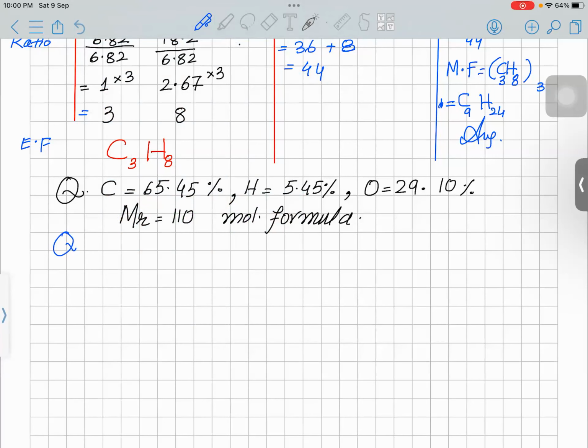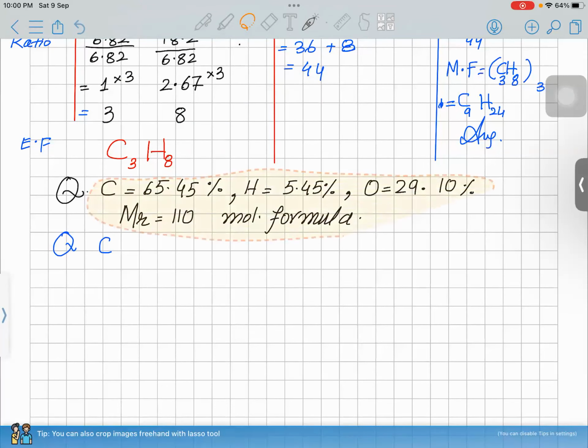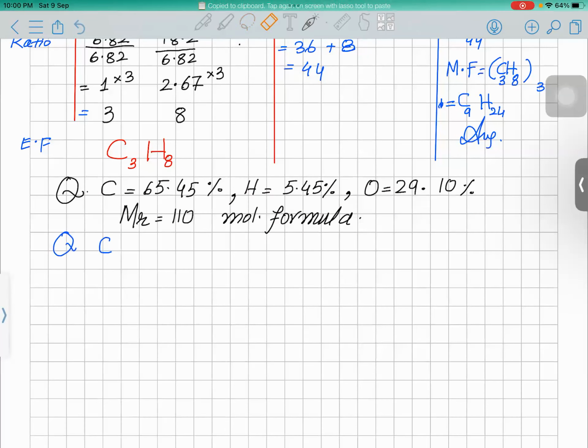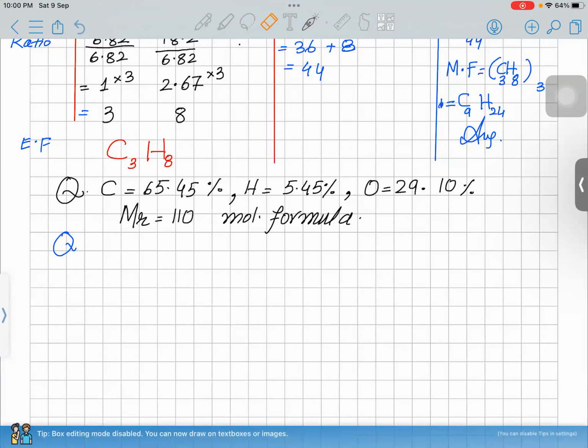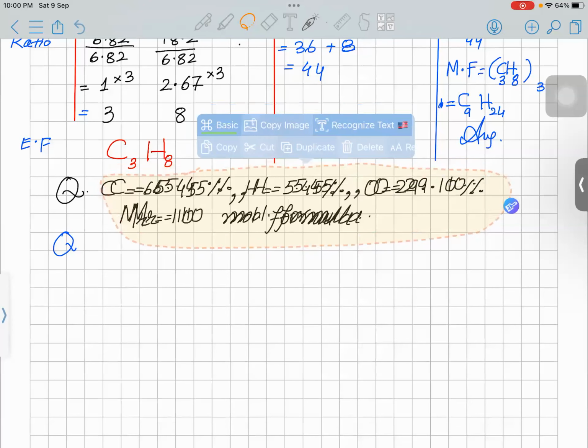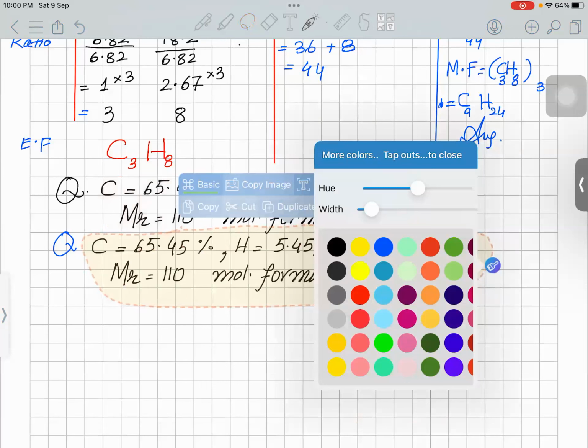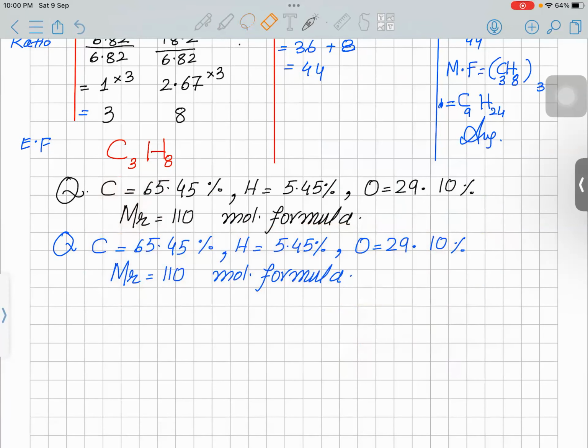I need the answer, right? Next question, carbon 40.0%, hydrogen 53.5%.